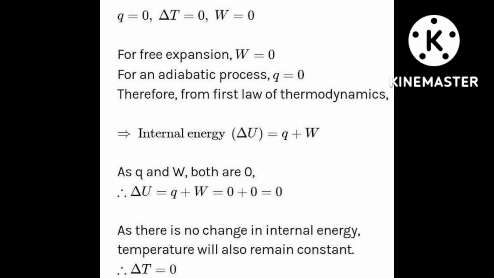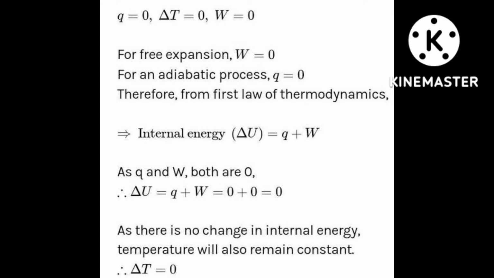Means in both cases, irreversible or reversible, Q has the same value: Q is equal to nRT ln V final divided by V initial. This expression you also always keep in mind.